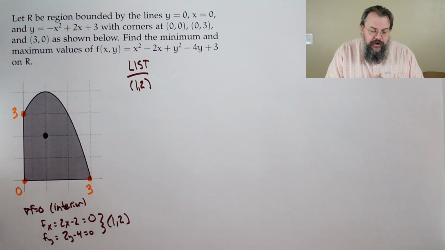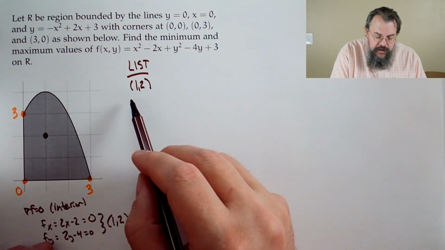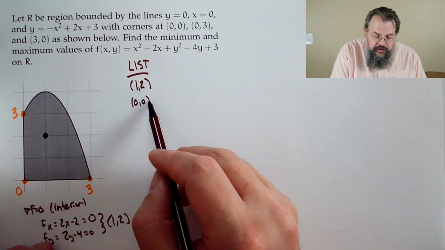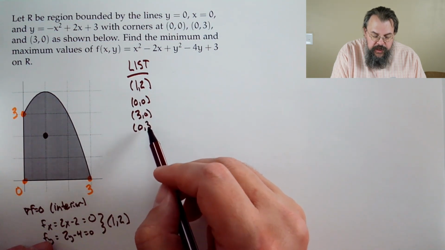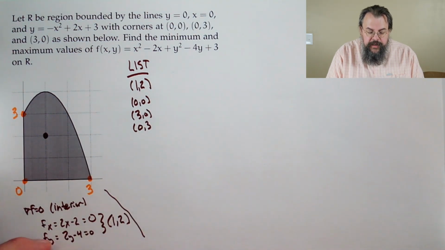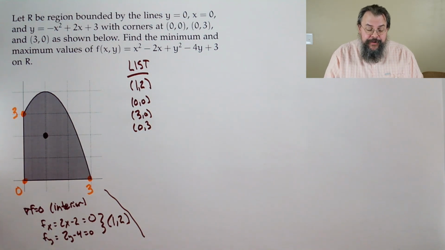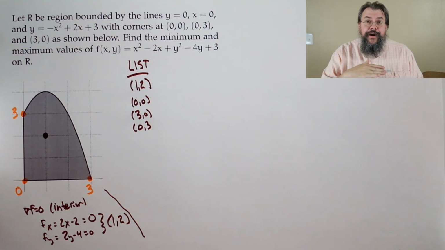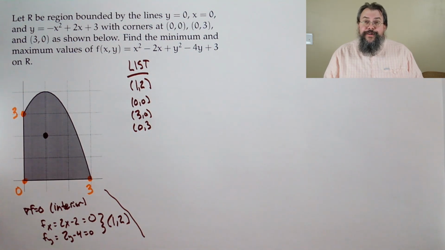Okay, so from here, we throw in our corners: 0, 0, 3, 0, 0, 3. That leaves us with 3 bounding curves. 2 of them I think are pretty straightforward, namely the bottom side and the left-hand side. So let's do the straightforward ones first.